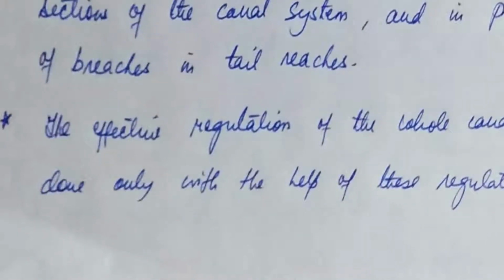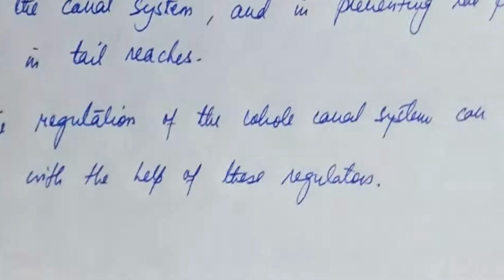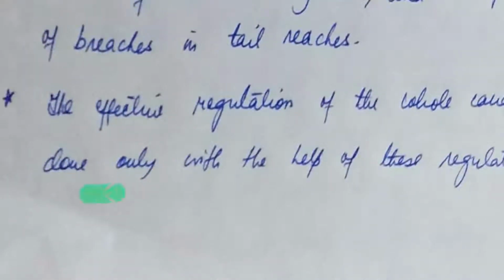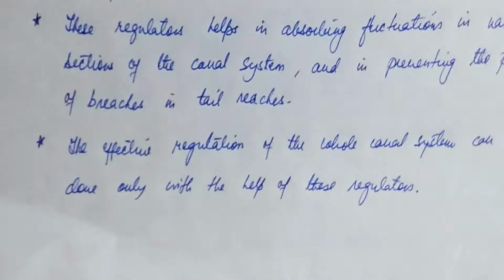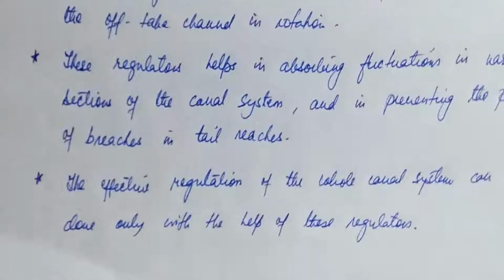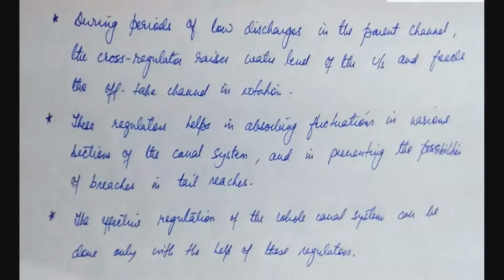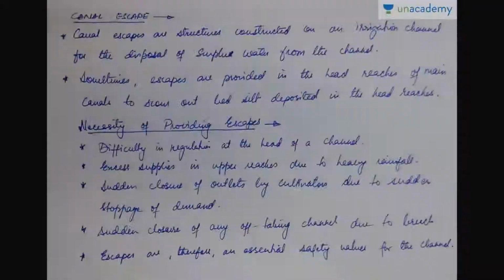The effective regulation of the whole canal system can be done only with the help of these regulators. So many uses, and it is very important, acting as a safety device or emergency device as well to control the supply of your water level and discharge through the channels.